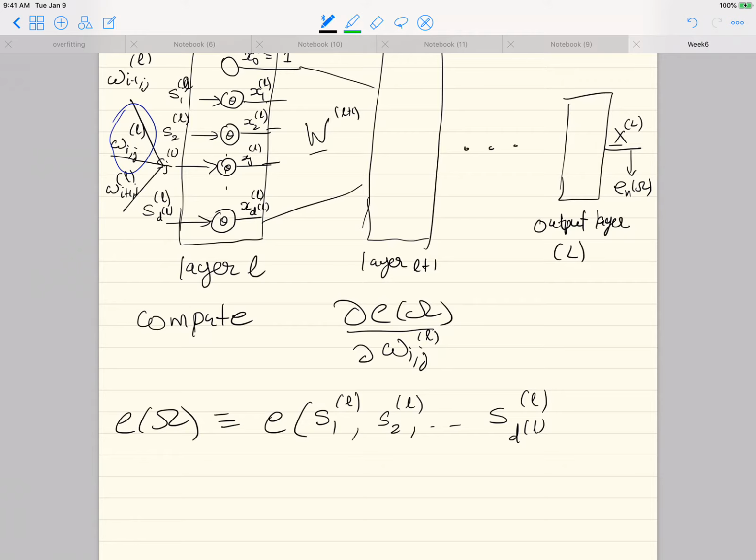I still need to know the weights going forward, so WL plus 1, WL plus 2, up to W capital L. If I have this information, then I can go ahead and compute XL. I don't need the previous weights. I don't need WL, WL minus 1, and so on up to the input value, right?